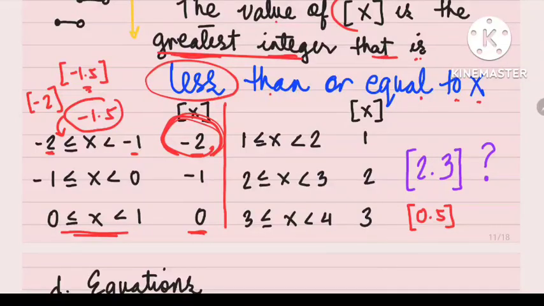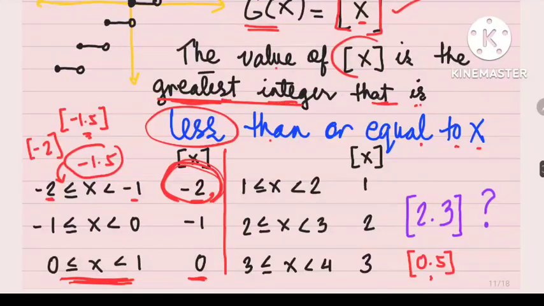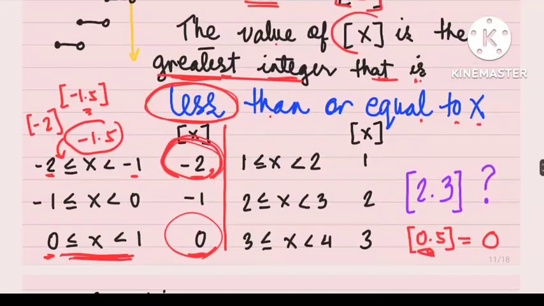We know that this number is inside this interval, and the greatest integer that is less than 0.5 is 0. Therefore, the value of this is 0. Do you get it? So that is all about the greatest integer value.